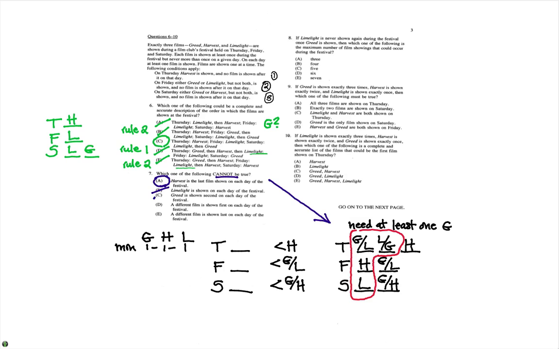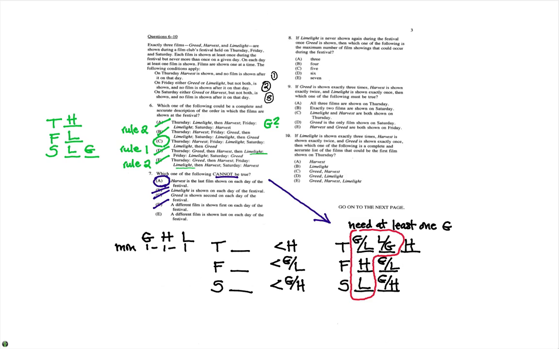So C is possible. D, a different film is shown first on each day of the festival. And again, you notice from our max scenario that we could have greed come first on Thursday, harvest come first on Friday, limelight come first on Saturday. So D could be true. D is eliminated.